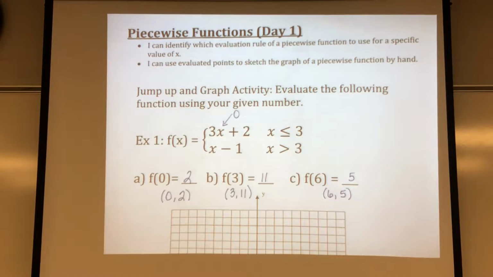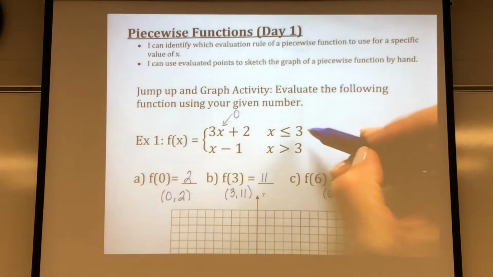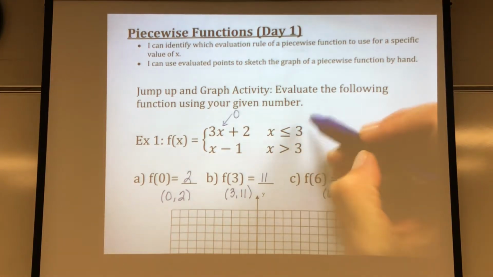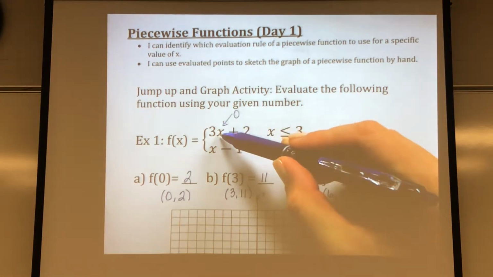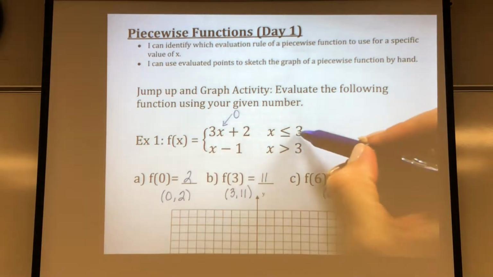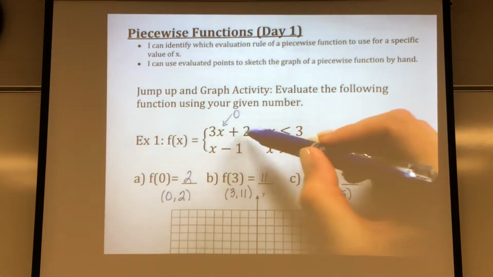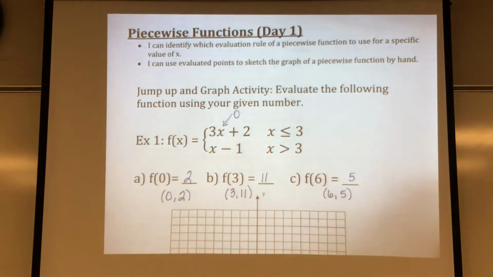If you're asked to graph the function, you always want to start by evaluating this number first. So we're going to put 3 into this function. So 3 times 3 plus 2, we did that one before, so 3, 11.